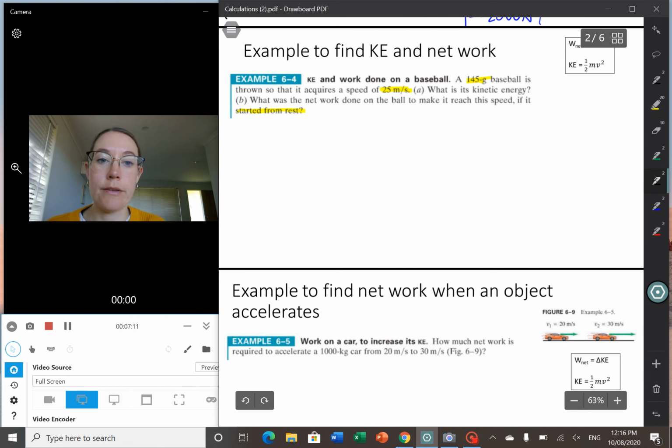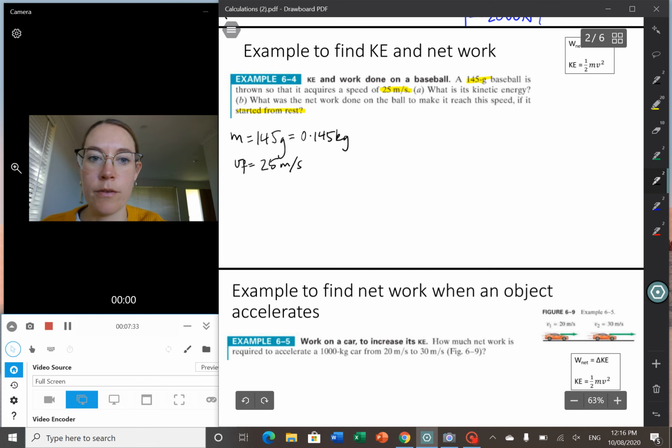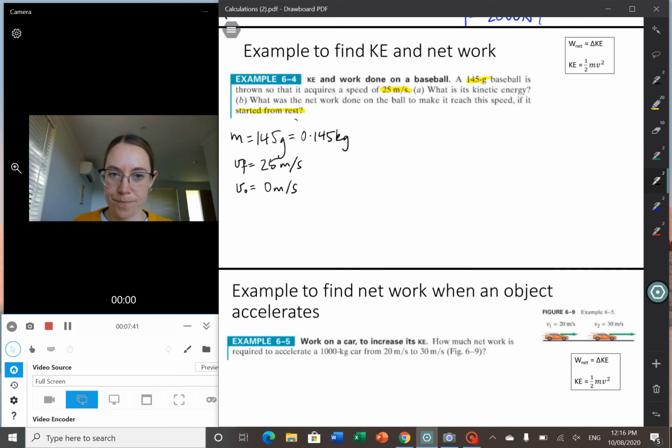So I'm going to list my knowns. I know that the mass is equal to 145 grams, and I'm straight away going to convert that into kilograms. I'm told that its final velocity is 25 meters per second, and I know that its initial velocity, it started at rest, is going to be equal to 0 meters per second.